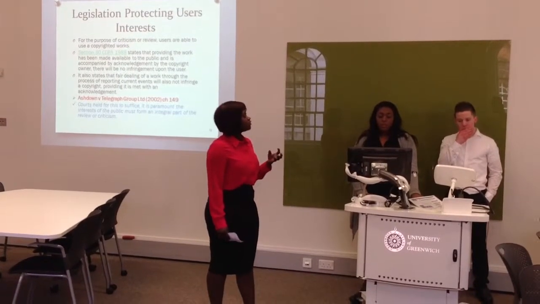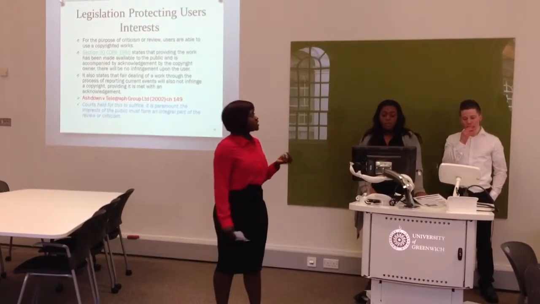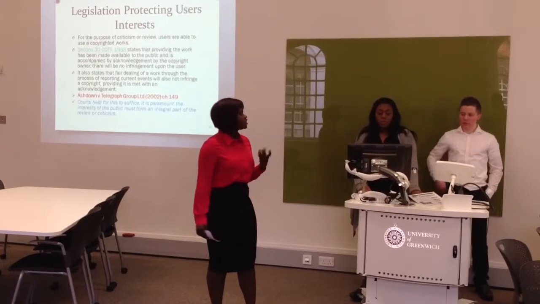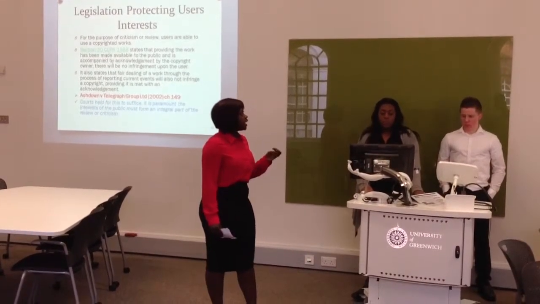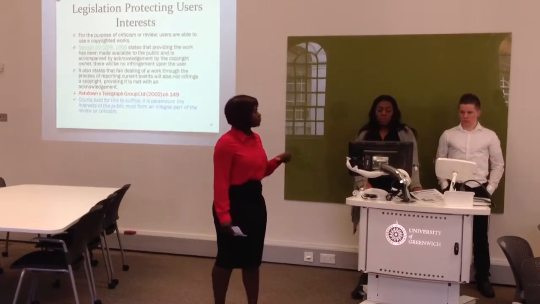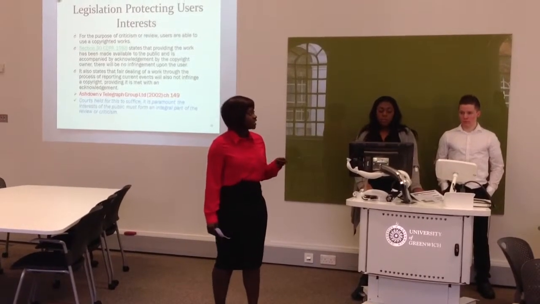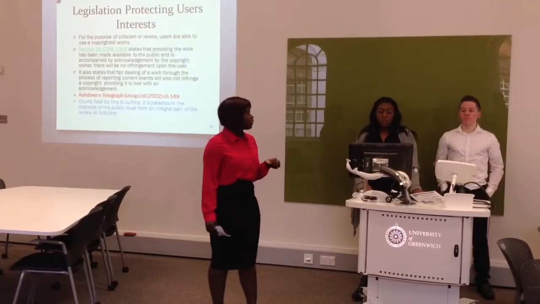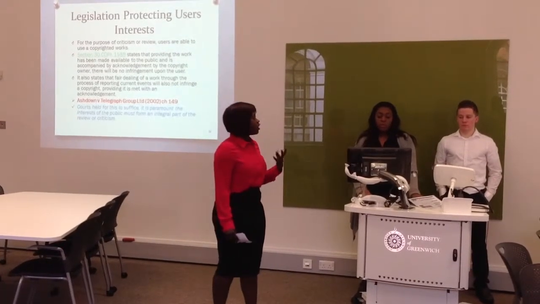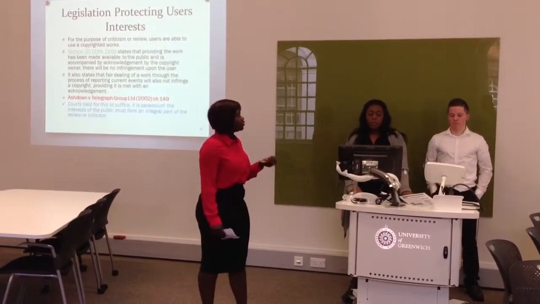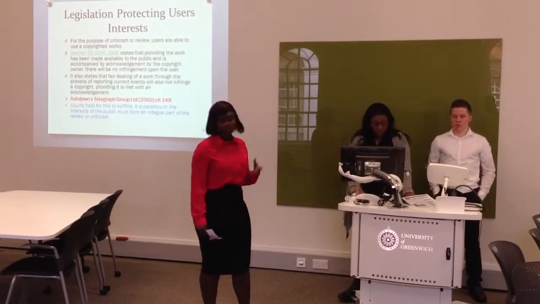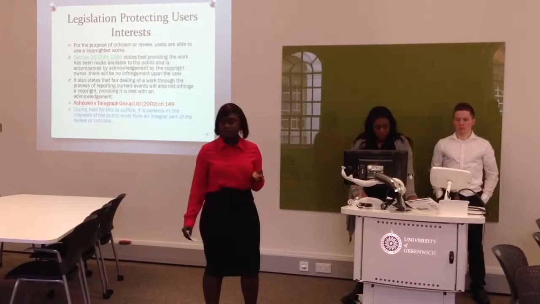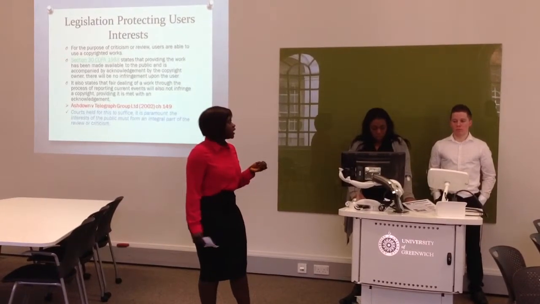Section 30 of the Copyright Act 1988 states that where the work has been provided to the public and it's acknowledged by the copyright owner, this will not be infringed by the user.